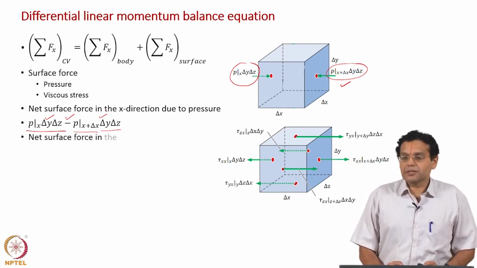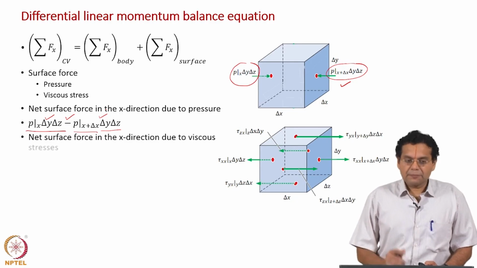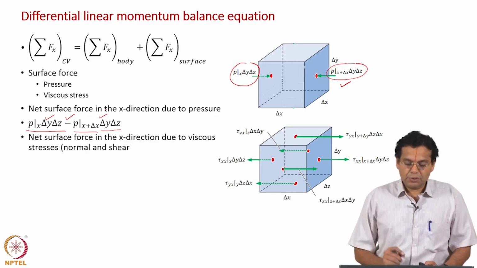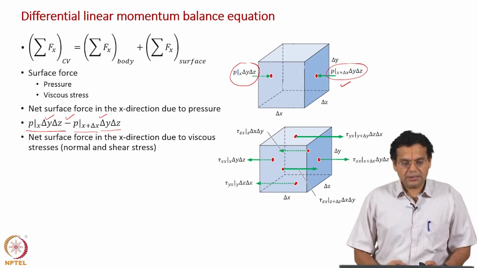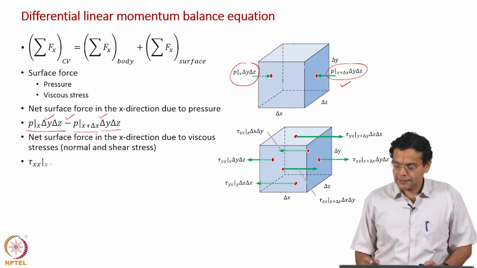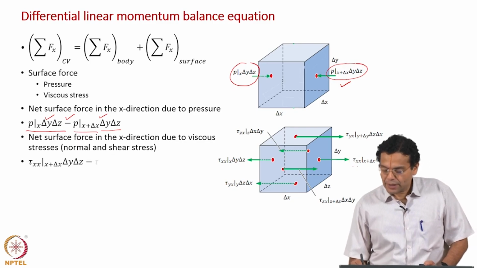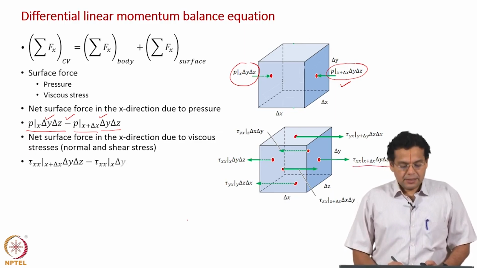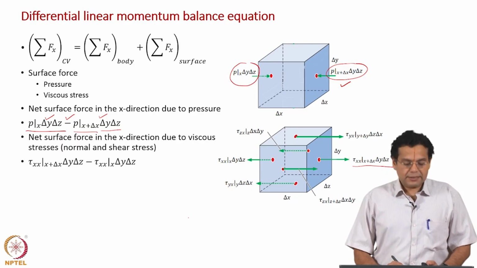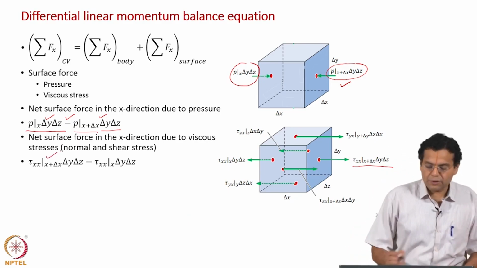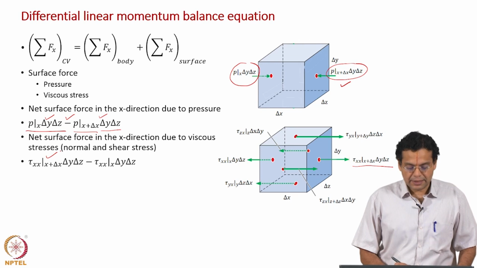Now, let us write down the expression for the net surface force once again in the x direction due to viscous stresses, the normal and shear stresses. Let us write down first for the normal stress. We have tau xx at x plus delta x, which is along the positive x axis. So, it is positive here, of course multiplied by the area delta y delta z.